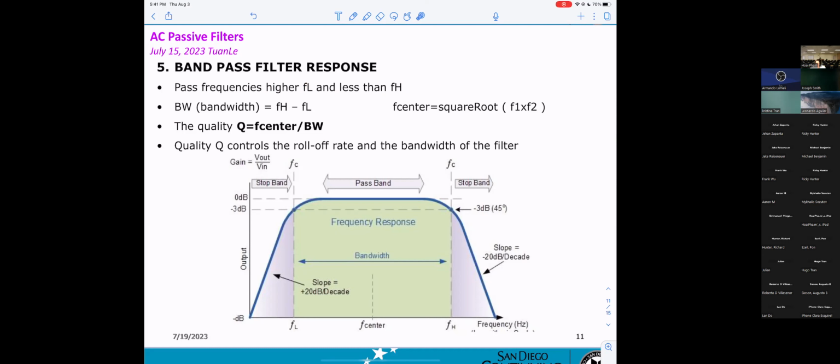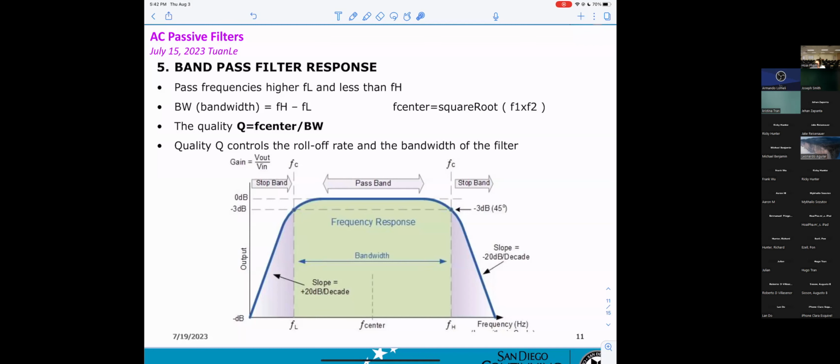Basically, on this output display, you can see there are two cutoff frequencies. One will be this point, which we call F low. And one will be on the other side, which we call F high. So the band pass filter will pass any signal higher than F low and less than F high.